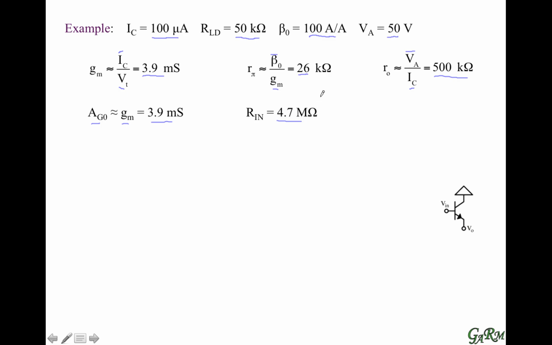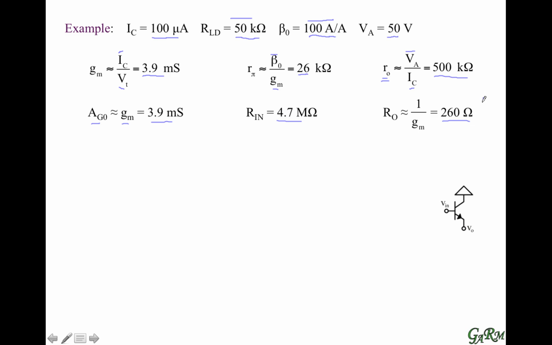And that kind of makes sense because it's beta times greater than the load resistance, which would be 5 megaohms. Slightly lower because of the role of little RO. And then finally, the equivalent output resistance is just 1 over GM, roughly, which is 260 ohms.